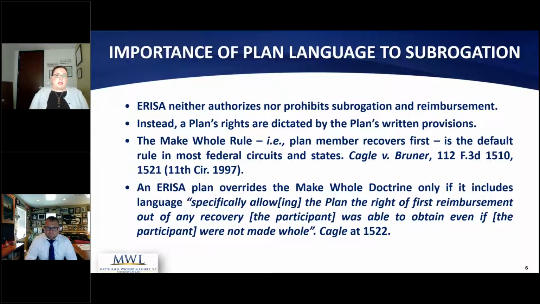So if you're dealing with a case where you don't have great plan language on the made whole rule, you should be consulting statutes. You should be consulting either your supervisor or even local counsel about how the made whole rule works in the individual state, because that's not going to be the same thing across the country.